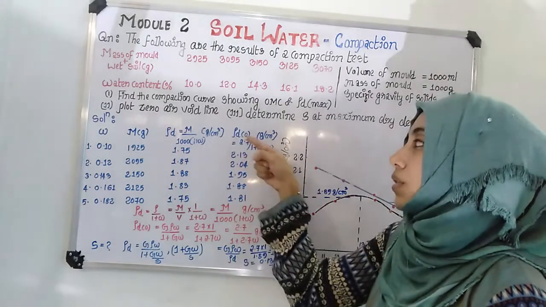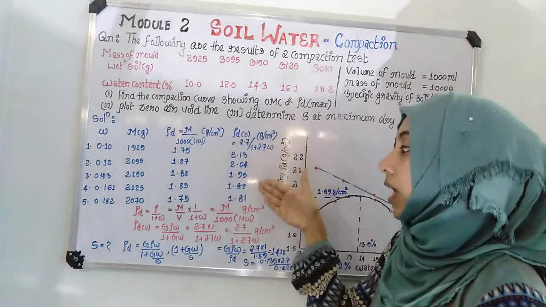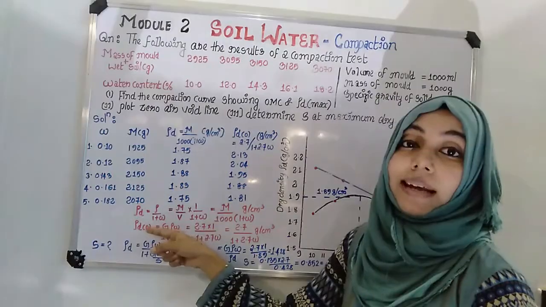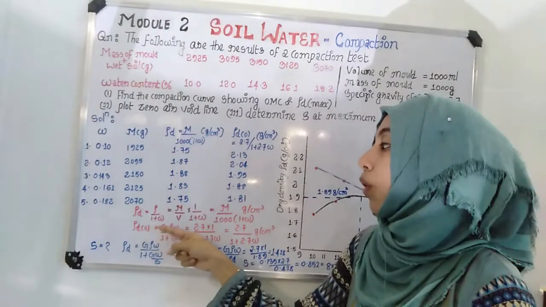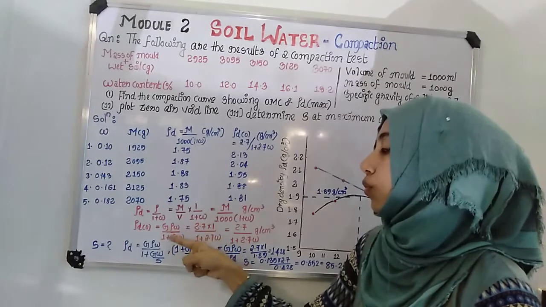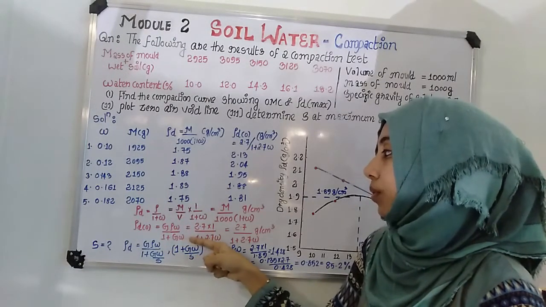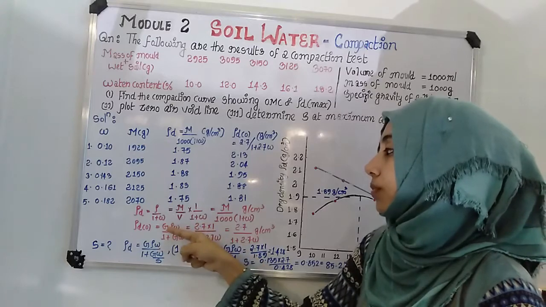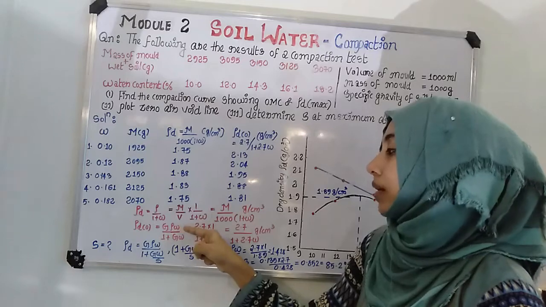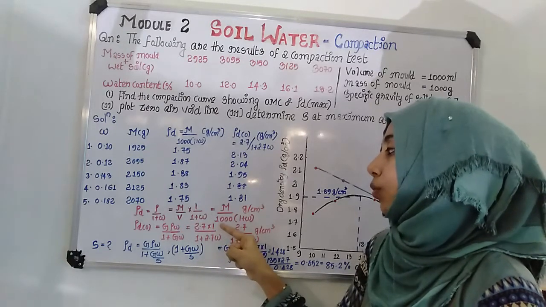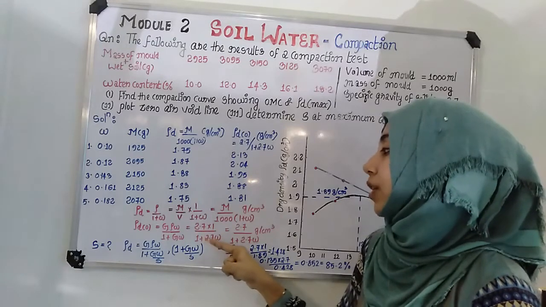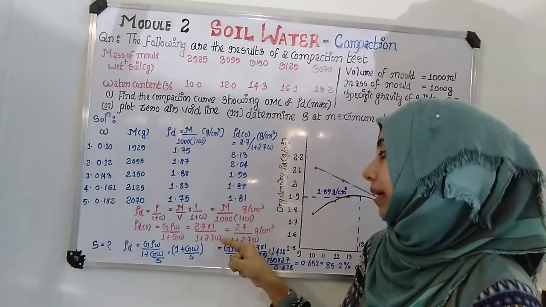The next column, that is rho D0, we are calculating in order to draw the zero air void line. The expression for the zero air void line is rho D0 equal to G rho W by 1 plus G W. We substitute G, which is given as 2.7, and the density of water, which is 1 gram per centimeter cube. Then 2.7 into 1 divided by 1 plus 2.7 into water content.